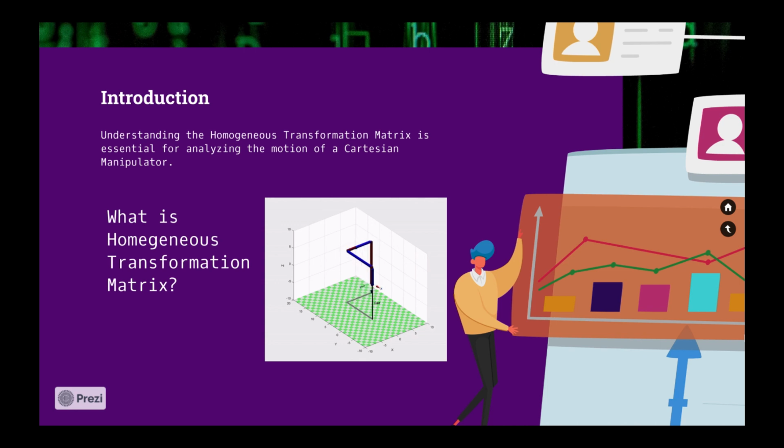Essentially, it's a 4x4 matrix that combines a 3x3 rotation matrix with a 3x1 position vector. This combination allows us to describe both rotation and translation in one unified framework, which is particularly useful in robotics and 3D modeling.